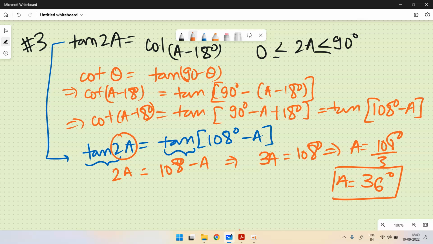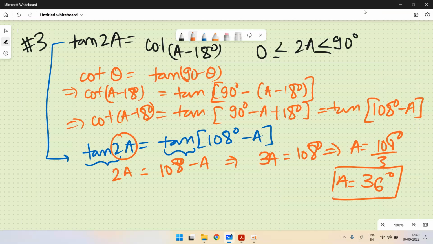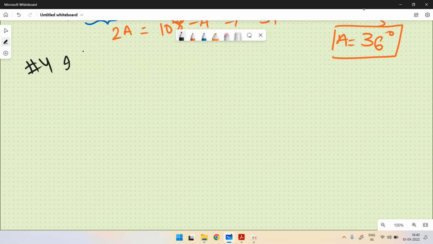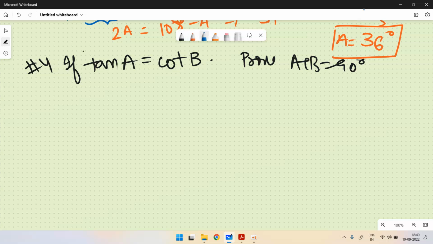Now the next question is: if tan A equal to cot B, prove that A plus B is 90 degree. You need not apply much mind.